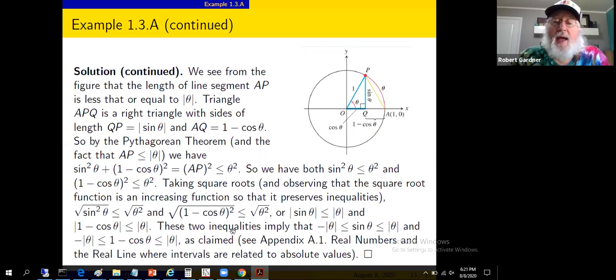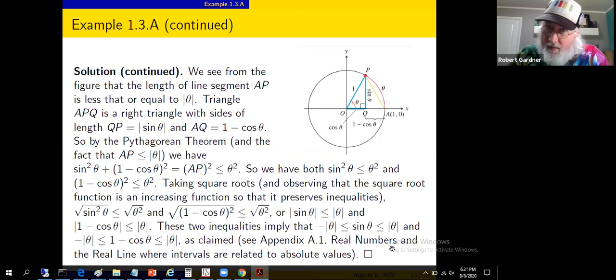Okay, now we need to rewrite this by getting rid of the absolute value on the sine theta and on the 1 minus cosine theta. To do so, Appendix A1 tells you how to deal with inequalities involving absolute values. I take the sine theta, drop the absolute values, keep the upper bound as absolute value of theta, and take the negative of that as a lower bound.